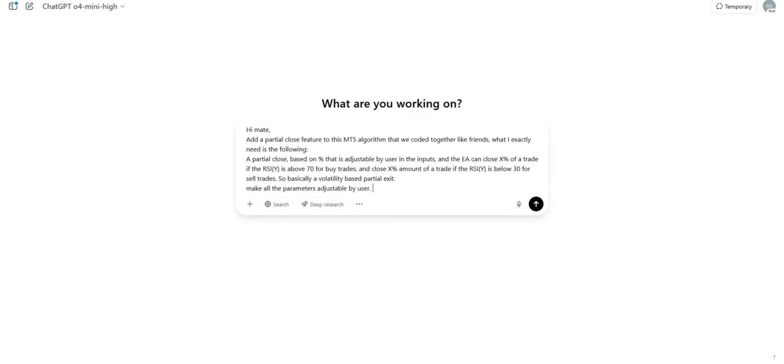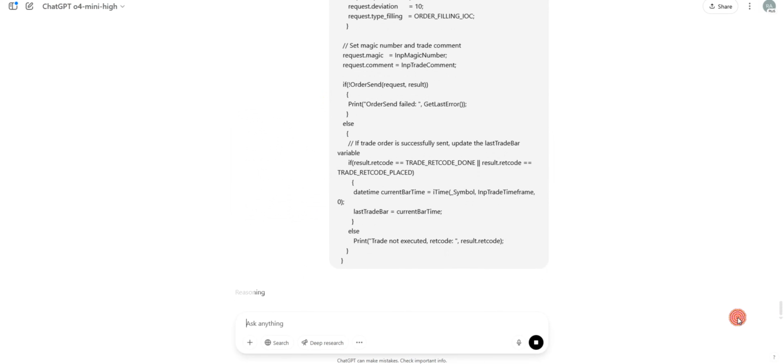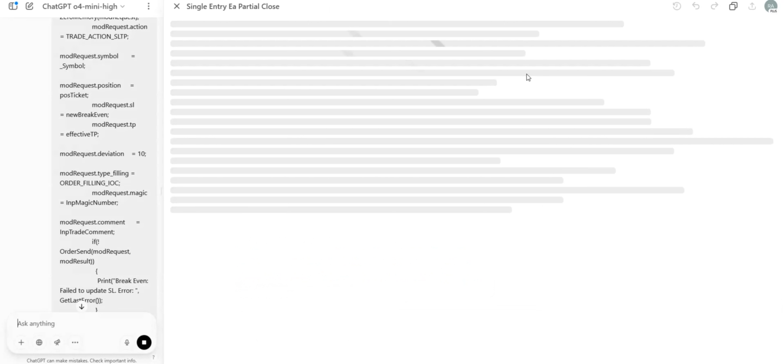So I hope you understood what I wanted to tell the AI, and it is that I need a specific kind of exit, not just a usual one, but a percentage based one, and one that is based on volatility.